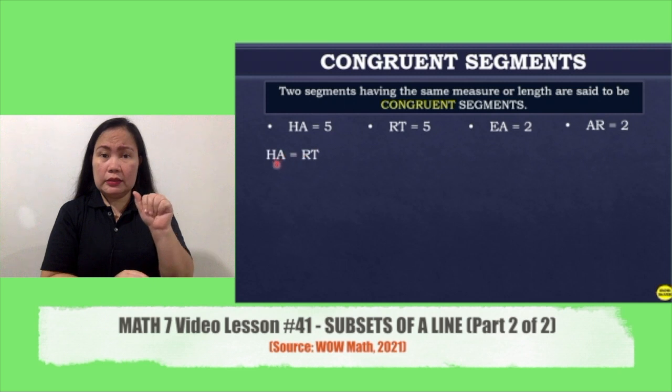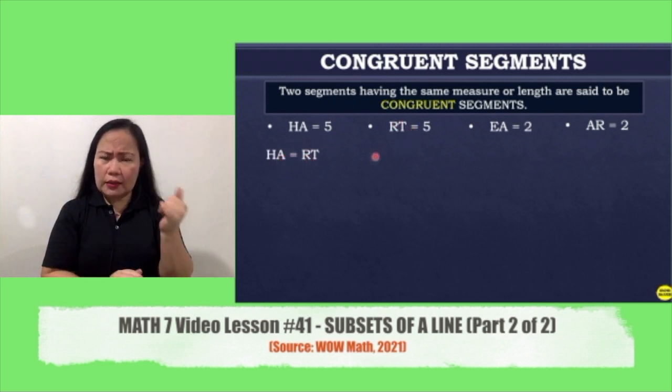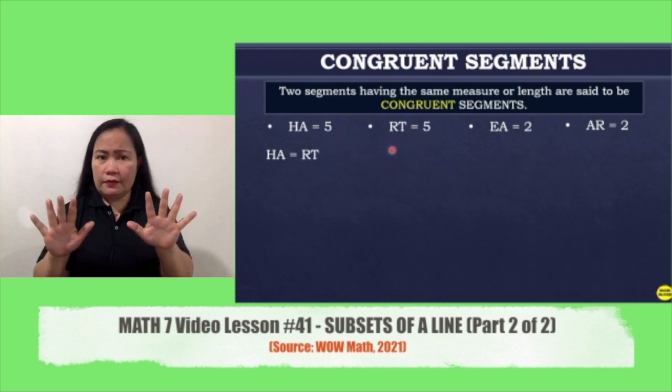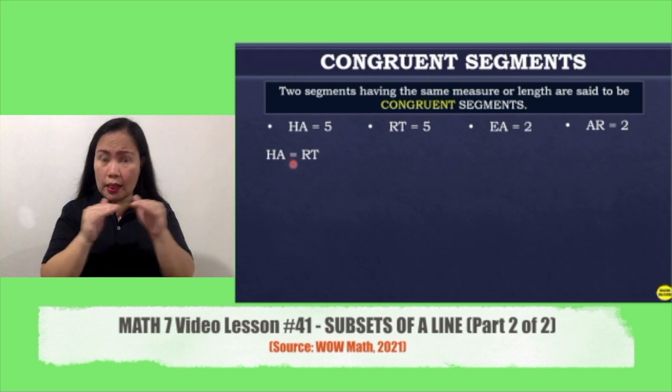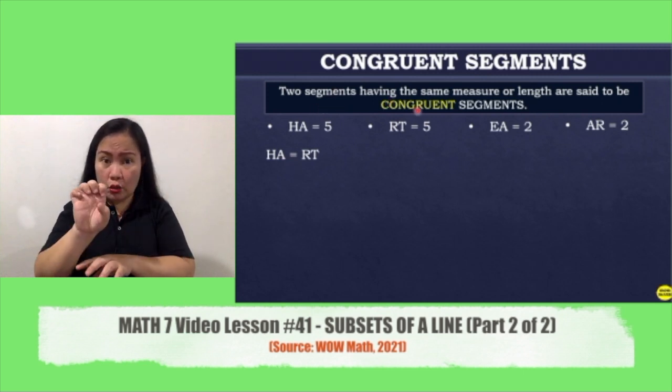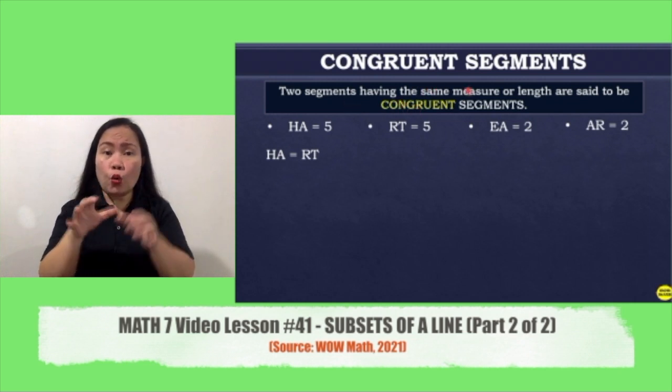Now, HA, so as you can see, HA is equal to RT. Why? Kasi pareho silang 5 ang measure. Okay? So, kapag equal po sila, we can say, sabi nga po, two segments are said to be congruent. Masasabi lang po natin congruent sila kapag same measure sila.